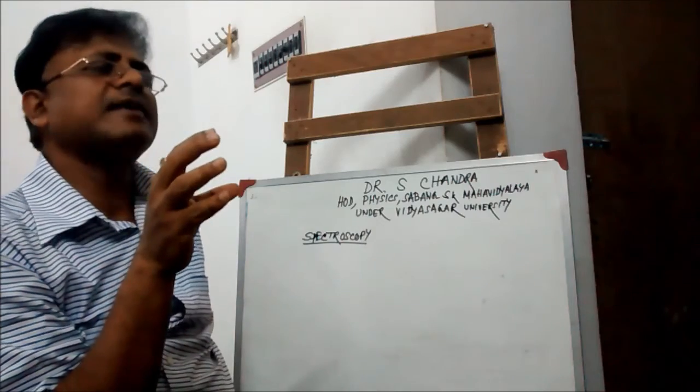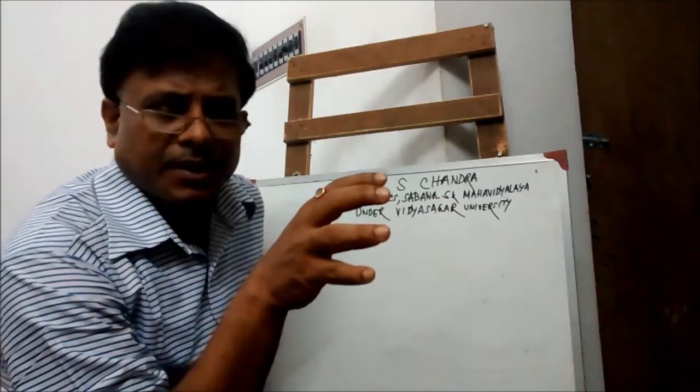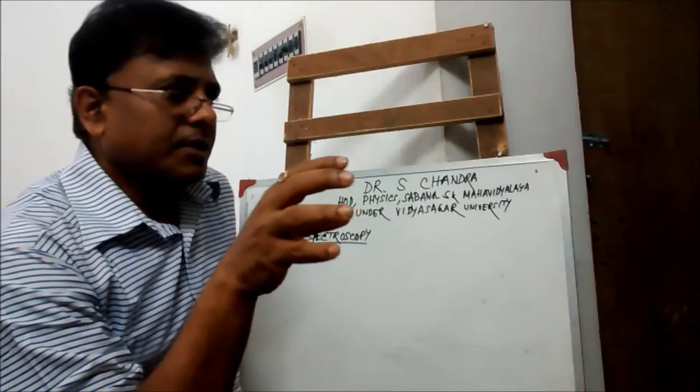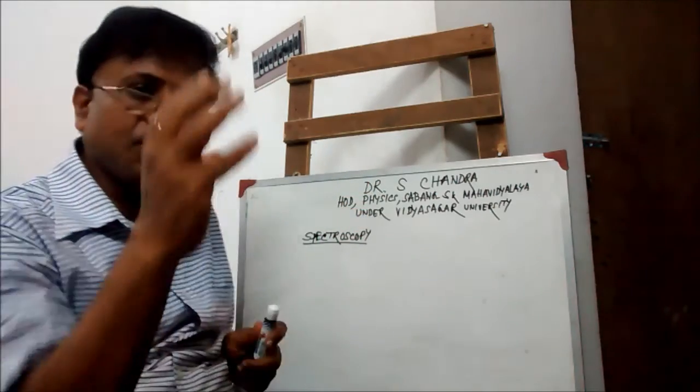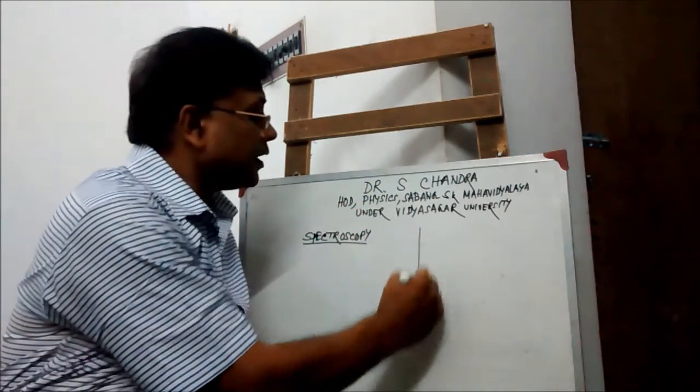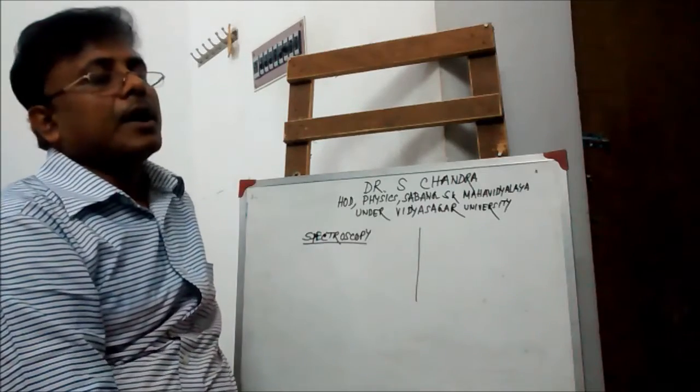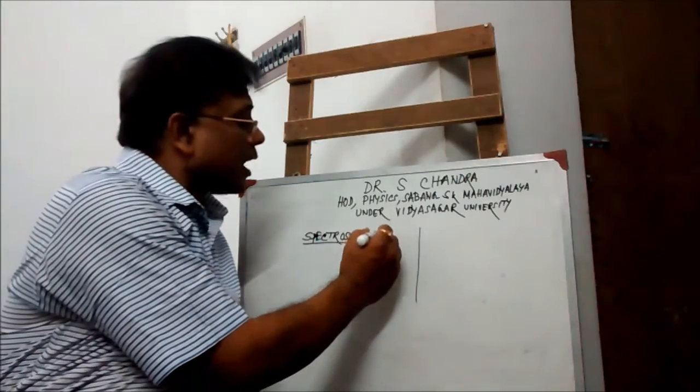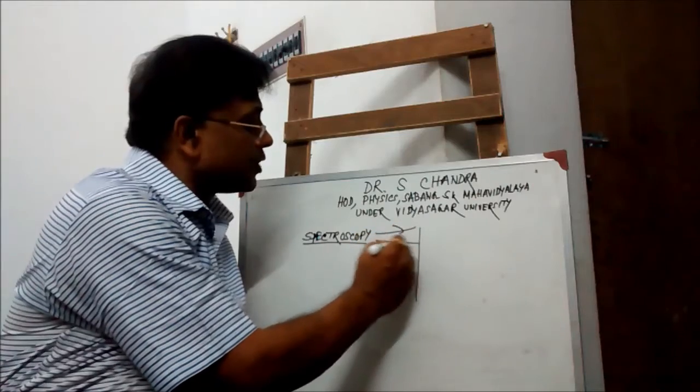Rutherford performed an experiment in which he took a thin gold foil, and alpha rays were passed through this gold foil.